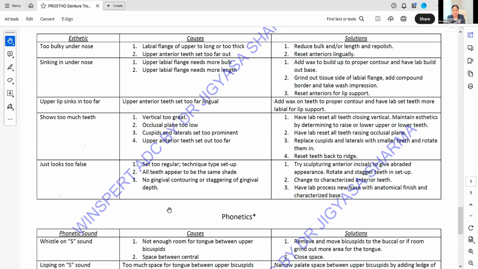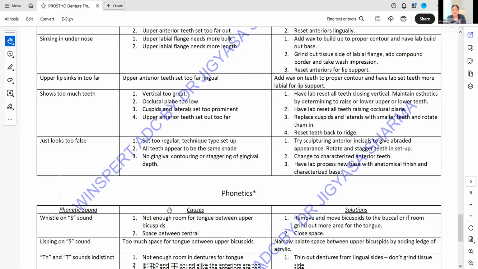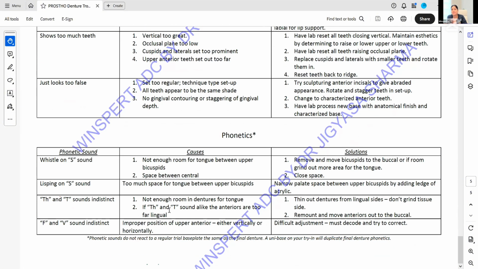Now the phonetics predominantly involve the S sound, the T and D sounds, and the F and V sounds, right? For the S sounds, I have two situations, whistling or lisping. The whistling comes when there is not enough room for the tongue between the upper bicuspids.